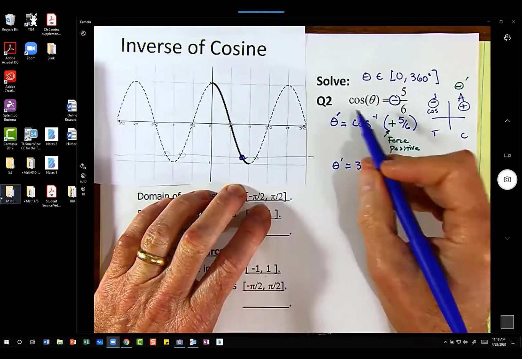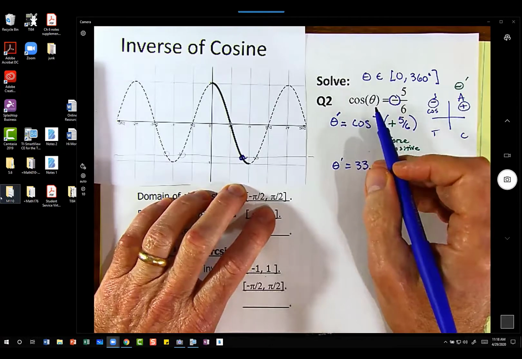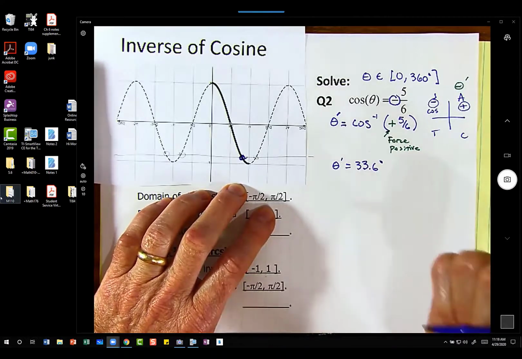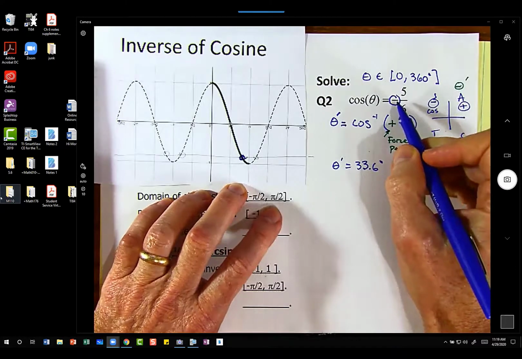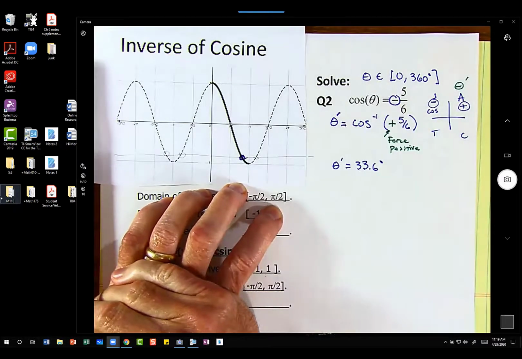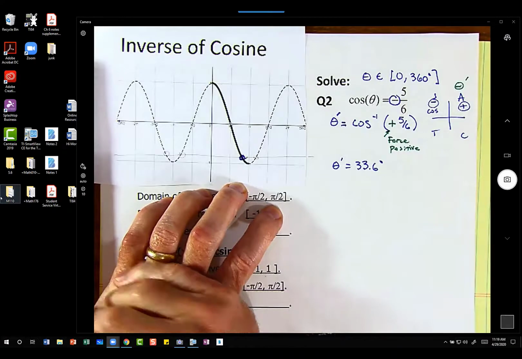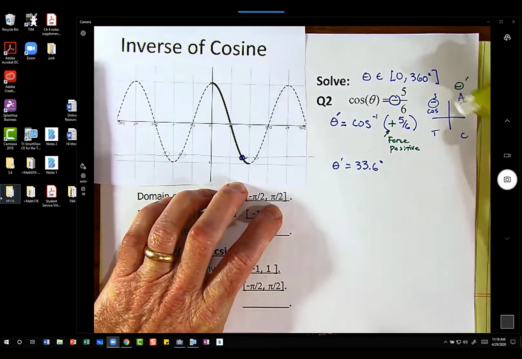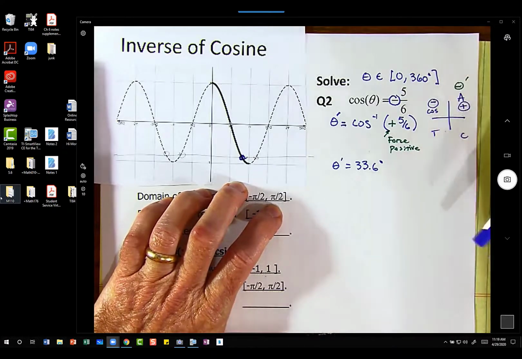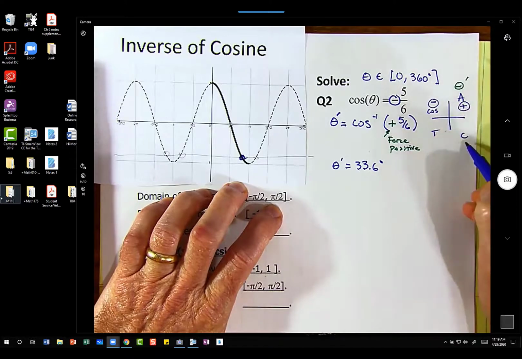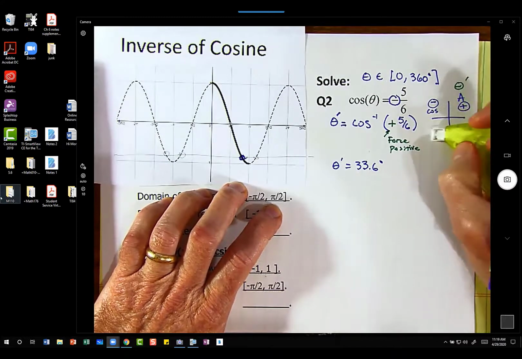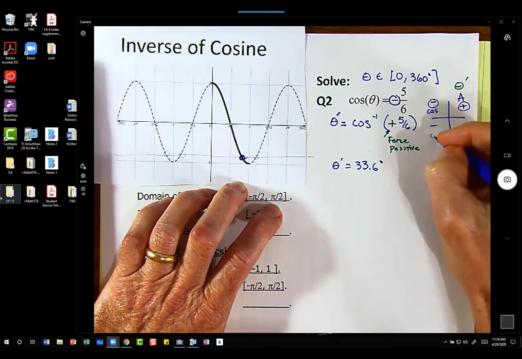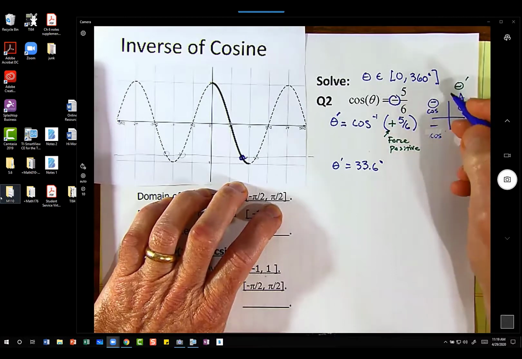Now, when is cosine negative? Can you guys tell me which quadrants theta will need to be in so cosine comes out with a negative answer? 2 or 3. Correct. So, because we're doing a smart trig class, cosine is positive in 1 and 4, but cosine will be negative in 2 and 3.